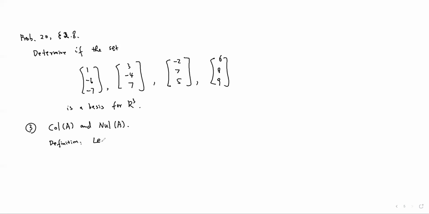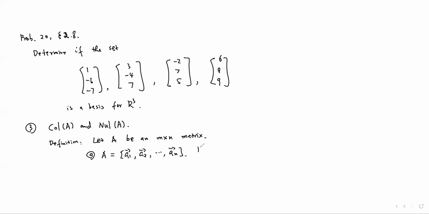Let matrix A be an m by n matrix, not necessarily a square matrix. Let me cut the matrix A into columns: first column a1, second column a2, up to an, n columns.